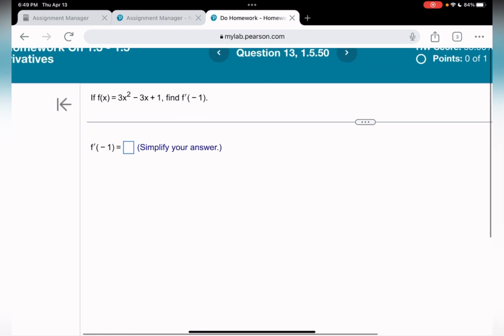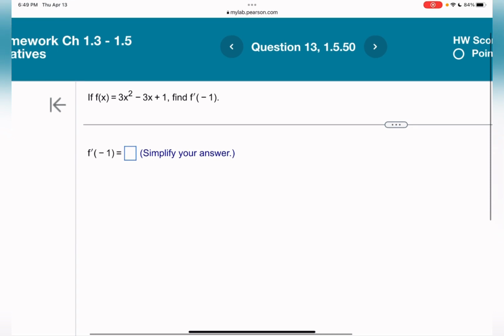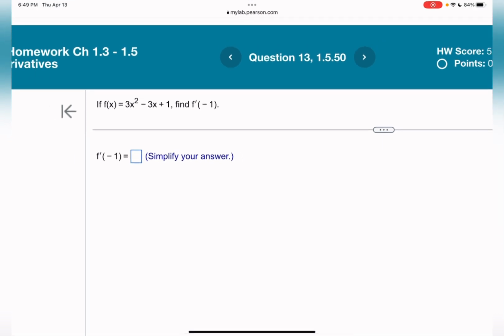What does it want? It wants to find derivative at negative 1. So the only difference is we need to find derivative and then plug negative 1 as a value of x. Nothing special. Let's do it.